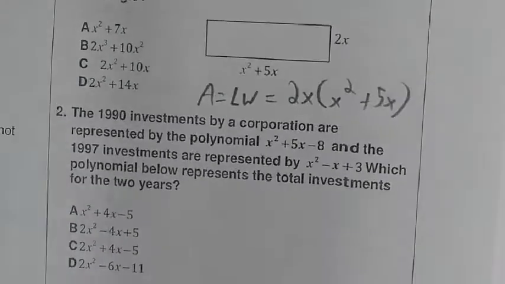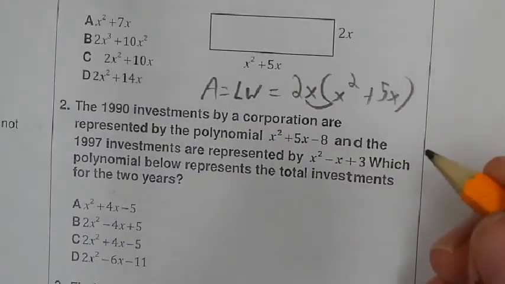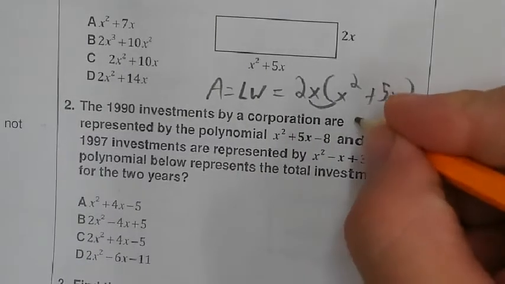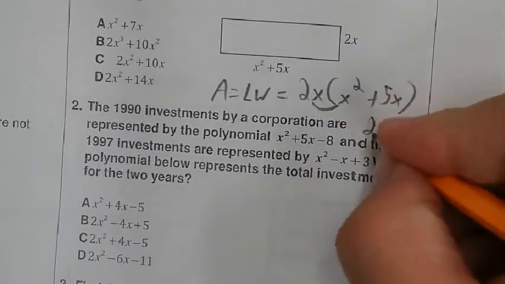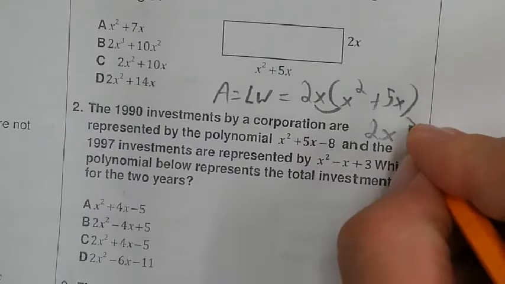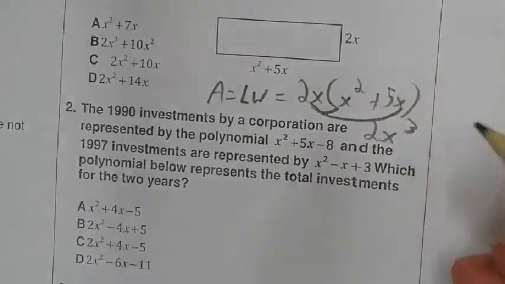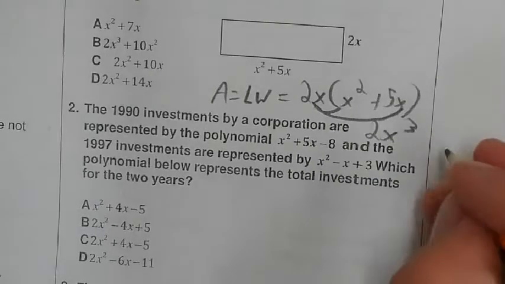So we would need to distribute this. What is 2x times x squared? 2x to the what power? To the third power, good. And then we have 2x plus 5x.